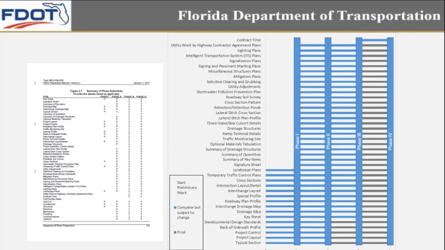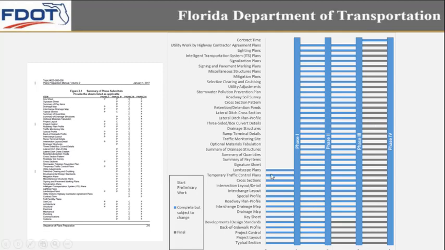And you can see here, figure 2.1, volume 2 of the PPM. It lists all the documents that typically go into a project plan set and the progression of those documents. And you can see on the right, we simplified that illustration for you. Starting at the bottom, you see plan sets that should start out at the very initial stage of a project, from landscape plans, traffic control plans, going down to a typical section.